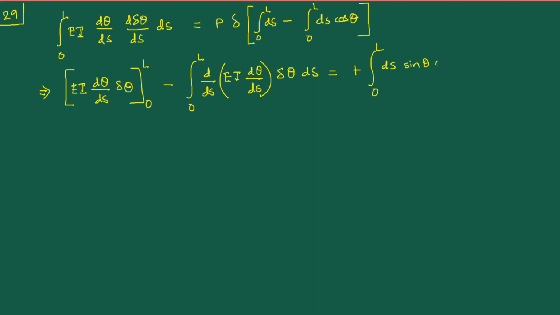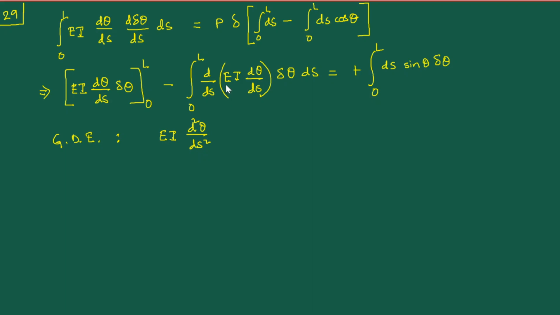I just have this. So this is an integration on the left hand side with respect to s, having this delta theta. On the right hand side, I have another integration with respect to s, and it contains in the integrand this delta theta. So for my governing differential equation, what I will have is this integration considered together with this thing, and then we take the coefficient of this delta theta, which is EI d square theta/ds square.